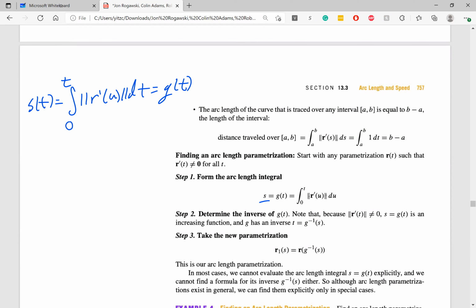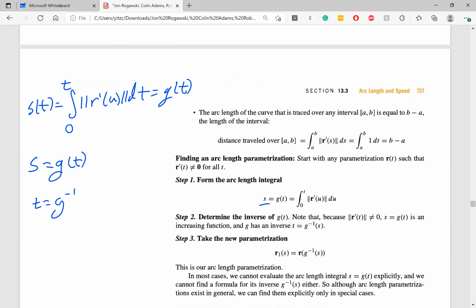And then what you end up doing is you say, okay, I want a new variable s, which is going to be equal to g of t. But I want to now know, for each place where I saw t, what do I plug in? I plug in t is equal to g inverse of s. And that's going to be your reparameterization.